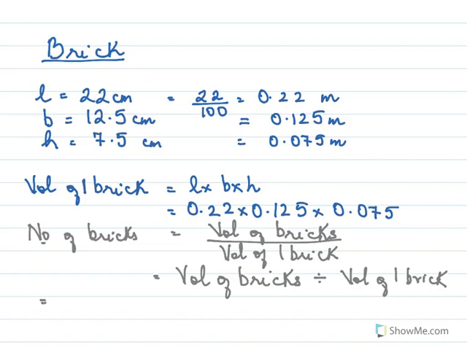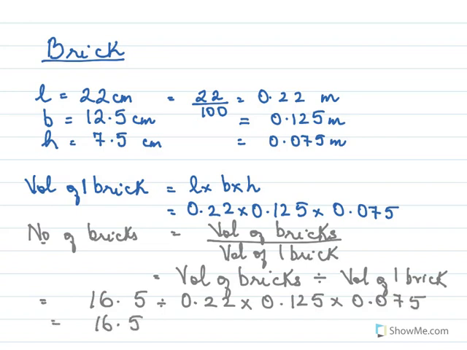Now the total volume of all the bricks we already found was 16.5, and this is divided by one brick, that would be 0.22 into 0.125 into 0.075.